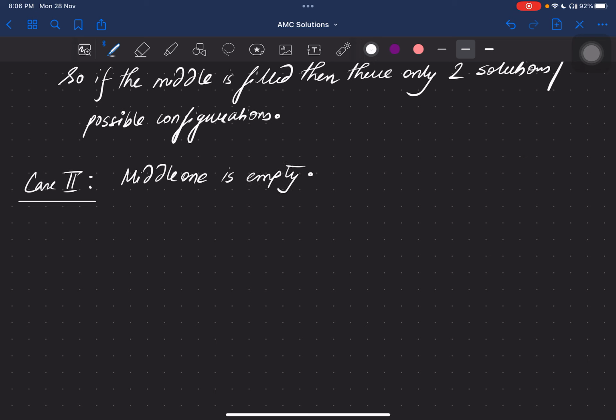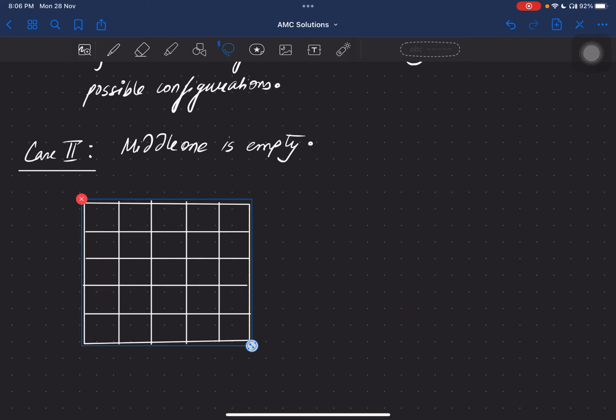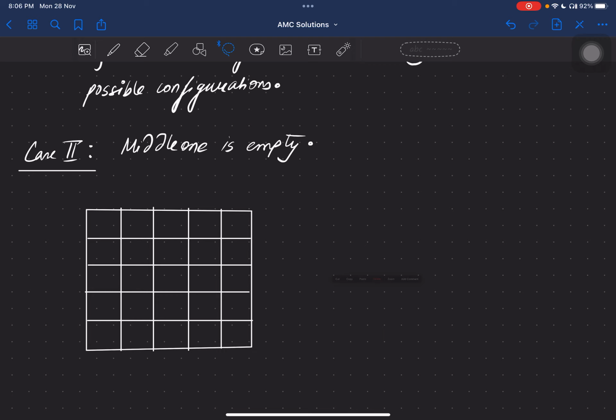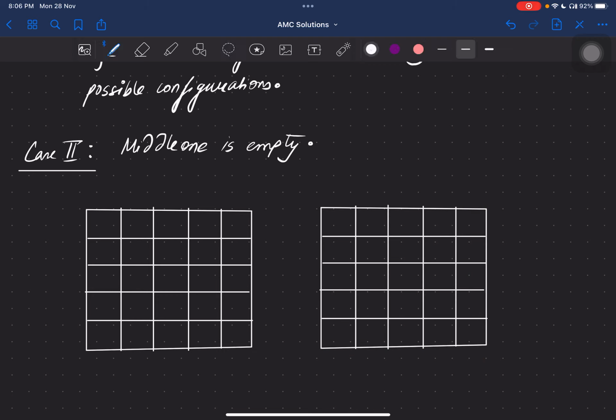So the middle one is empty. I will just use white to denote empty, otherwise it will look completely blank. I'm just changing for this case. So this one is empty, and I want this one to remain empty.